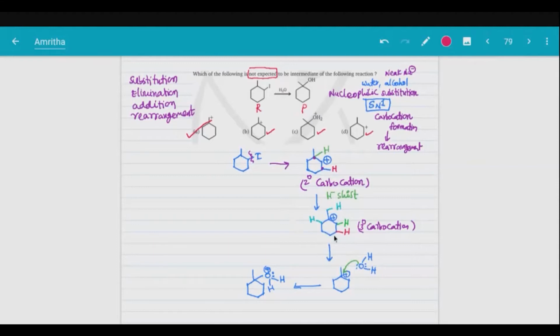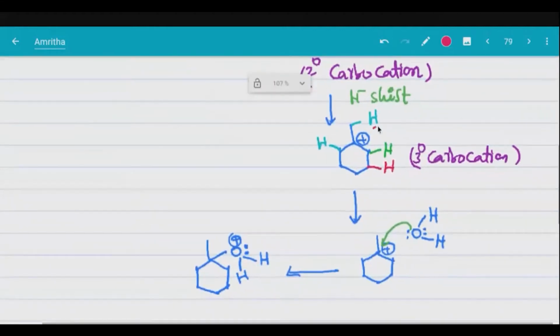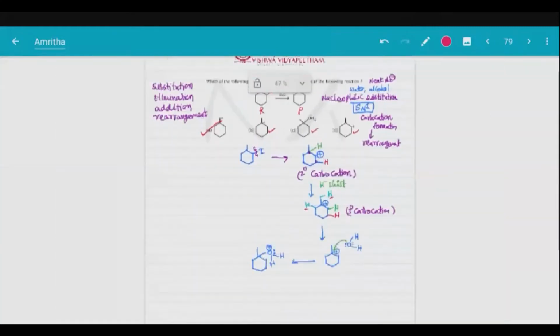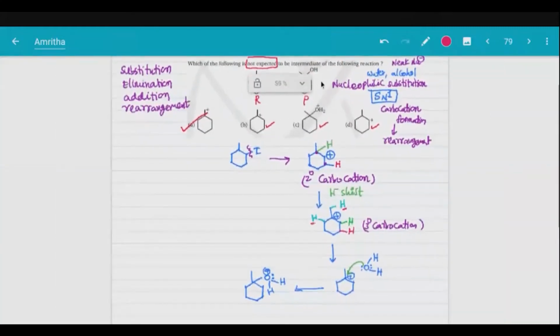You can't shift these blue hydrogens because they don't give extra stability compared to tertiary. So the carbocation will stop here, this major, and water starts donating electron pair. So that's why O plus we get. These are all intermediates. So final product is given, right? So H plus will leave and final product is alcohol.